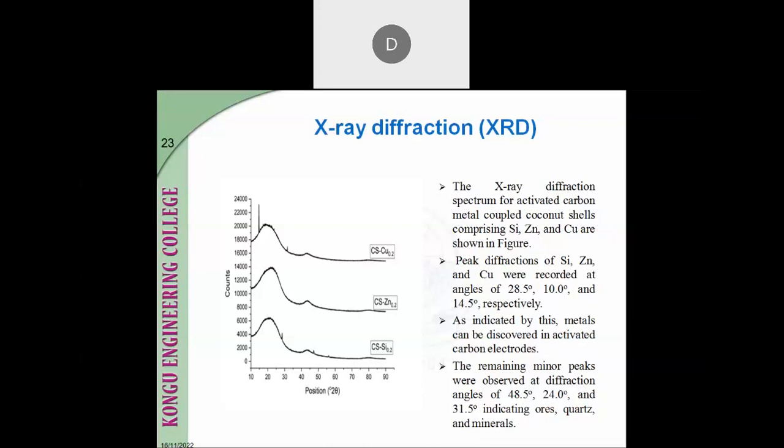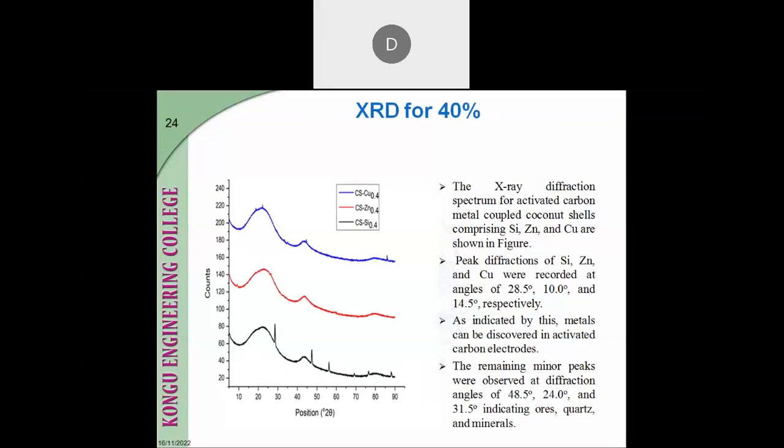The minor peaks observed at diffraction angles like 48, 24, and also around 32, all indicate the presence of ores, quartz, and some sort of minerals. So this is the XRD analysis of 20%.